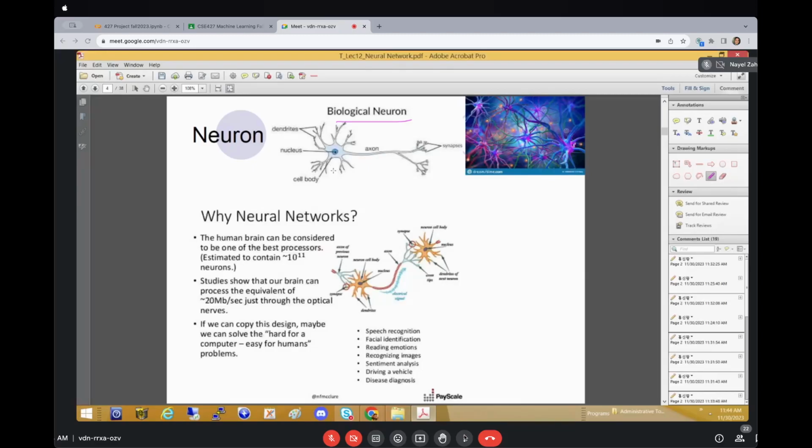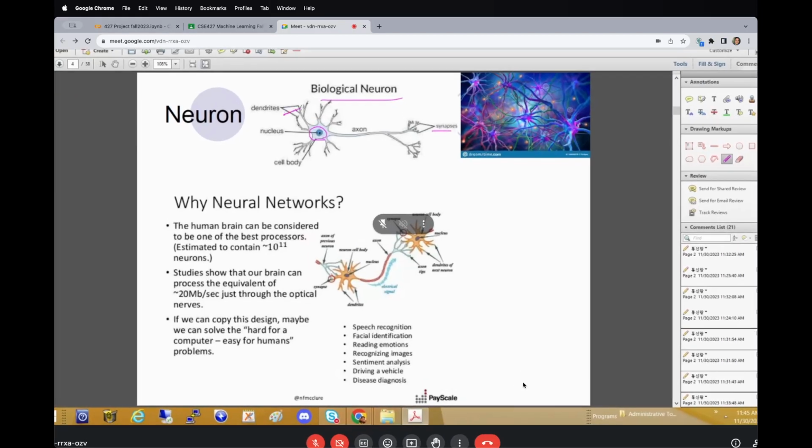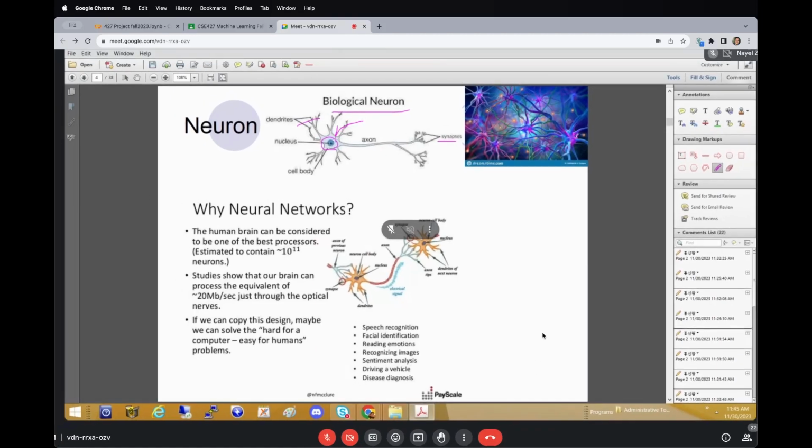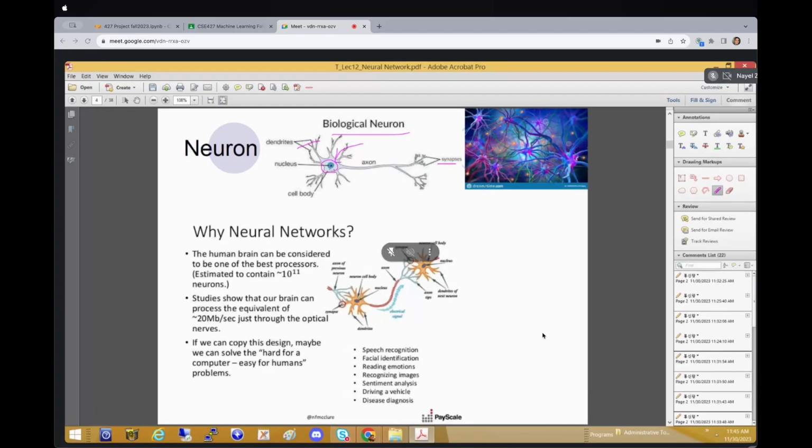In that neuron, we have the nucleus, the cell body you can see here, the axon, dendrites, and synapses. Specifically for this neuron, the nucleus is the core module for computation.